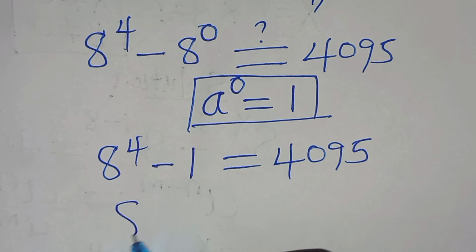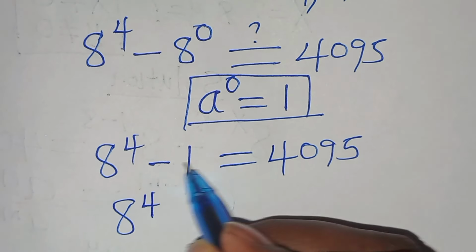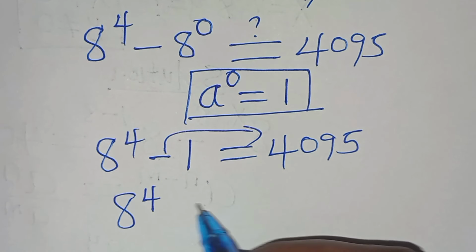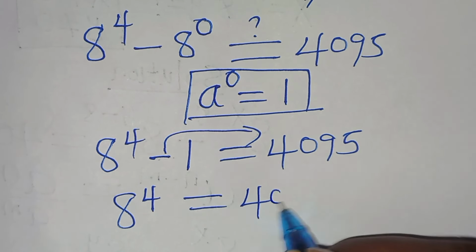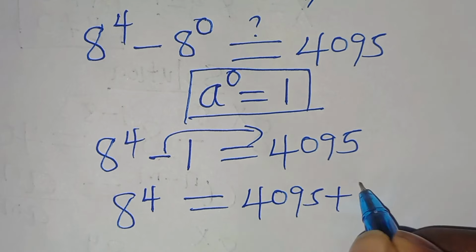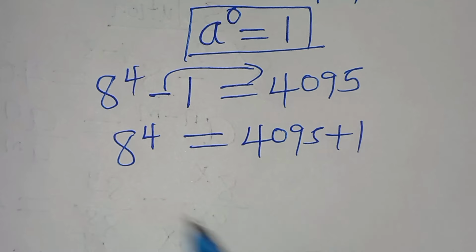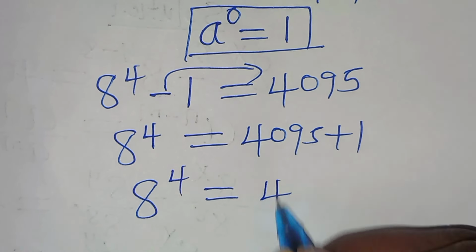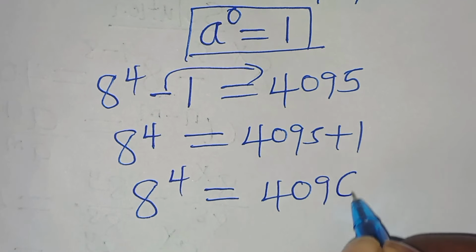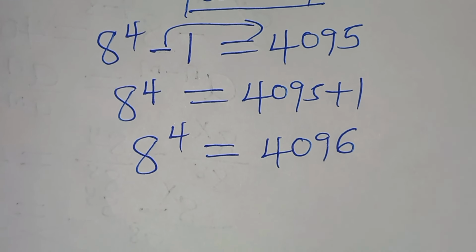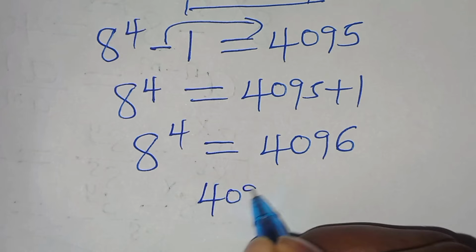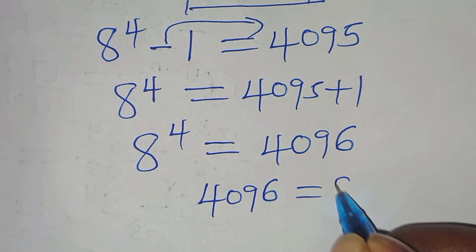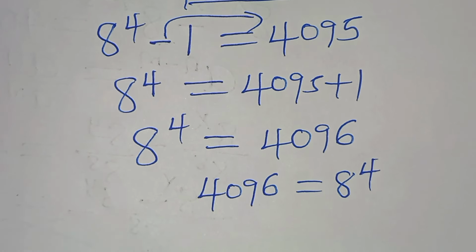So we have 8 to the power of 4. Let's take minus 1 to the right hand side so that we have 4095 plus 1. This implies that 8 to the power of 4 is equal to 4096. And 4096 is the same thing as 8 to the power of 4.